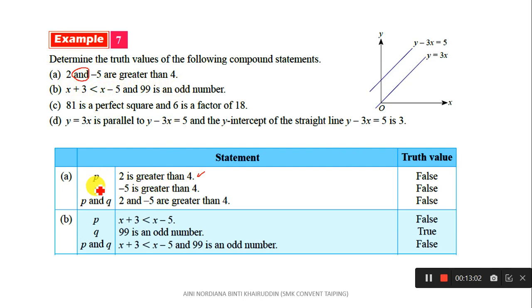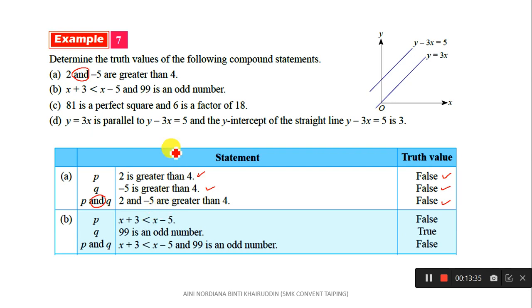The second statement Q is negative 5 is greater than 4. The first statement is false, 2 is actually less than 4. Negative 5 is greater than 4 is also false. So when both are false and you use the word "and", it becomes false.